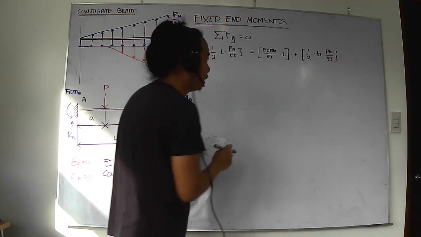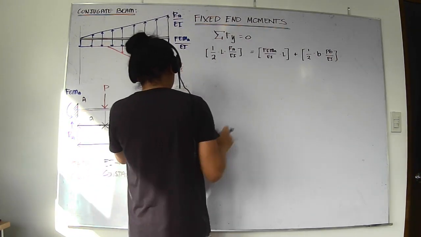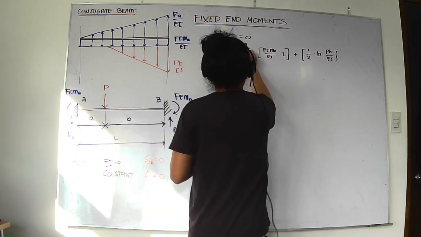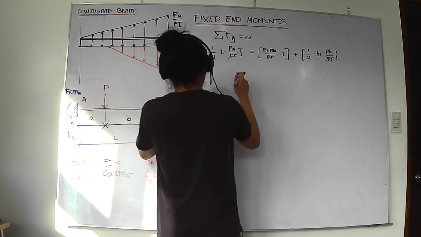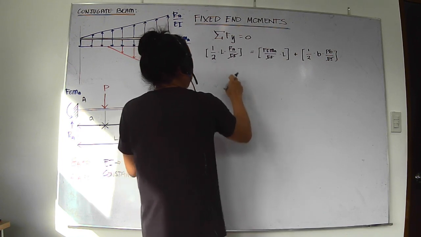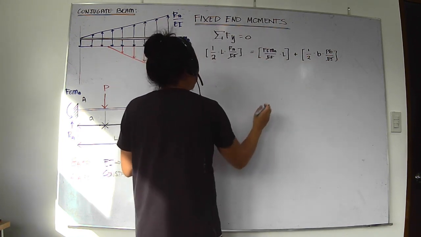So, something like this is our sum of forces in y. Now, EI can be cancelled out, right? It disappears from all the terms. So, if I rearrange, I multiply everything by 2, so the 1/2 disappears.